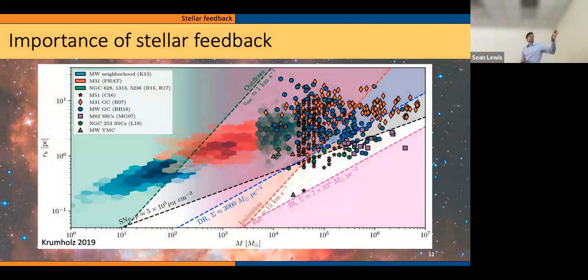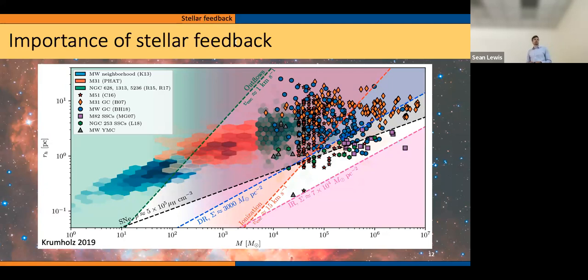And so this is a collection of observational works that is showing different masses of giant molecular clouds on the x-axis. And then on the y-axis is the radius of the clusters. And this is just showing the regimes in which the different feedback mechanisms are important or contribute significantly to the evolution of the giant molecular cloud as it forms stars.